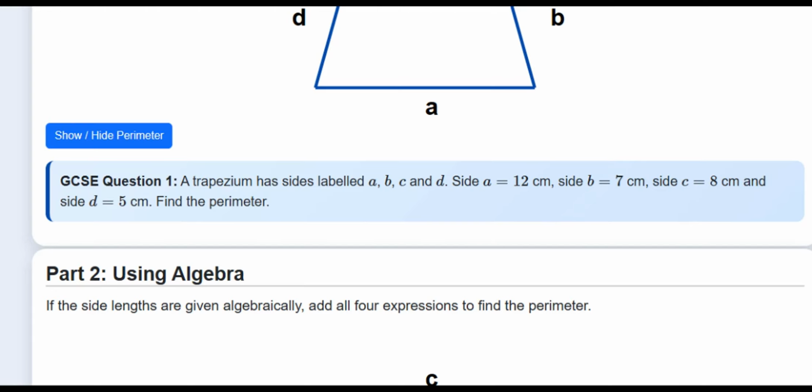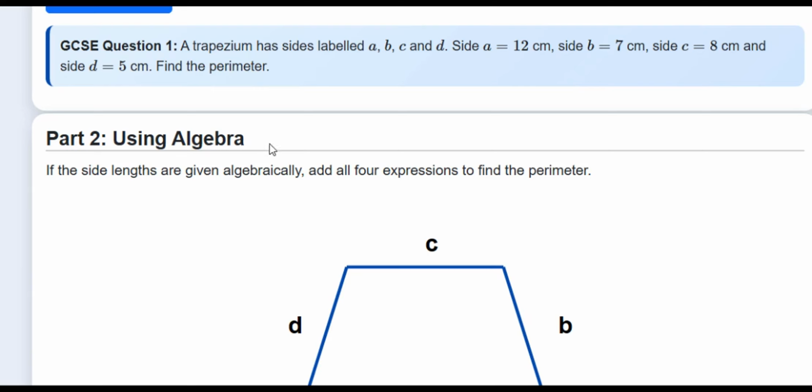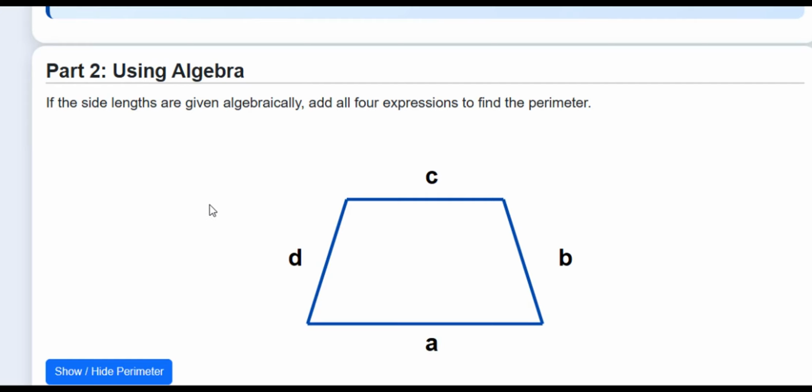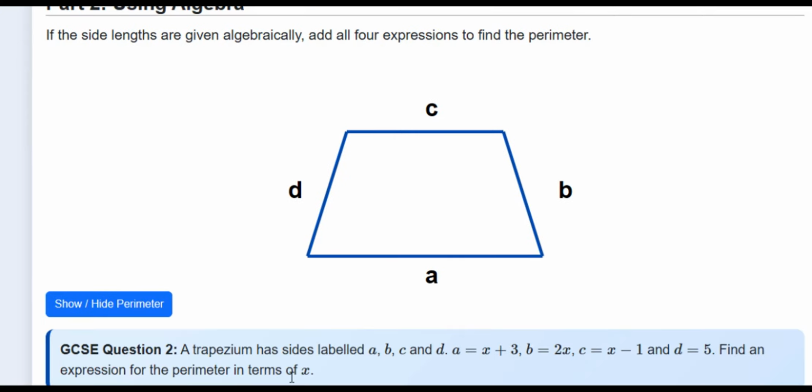Can we try another example? Sometimes you can be given expressions as the length of the sides. Like in this example, you are told a trapezium has sides A, B, C, and D, where A is x plus 3. So you see it's not a real value, it's an expression. Then B is 2x, C is x minus 1, and D is 5.